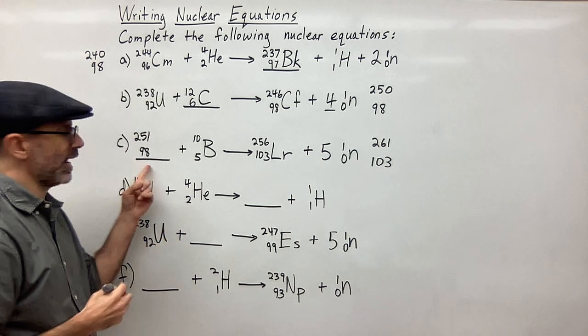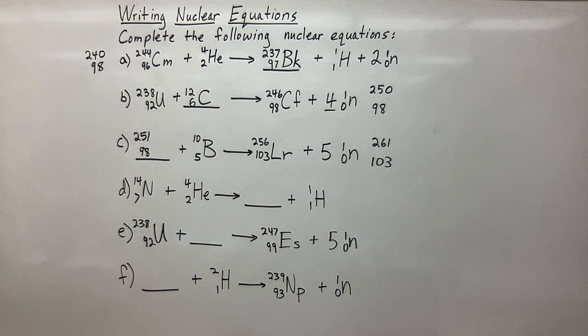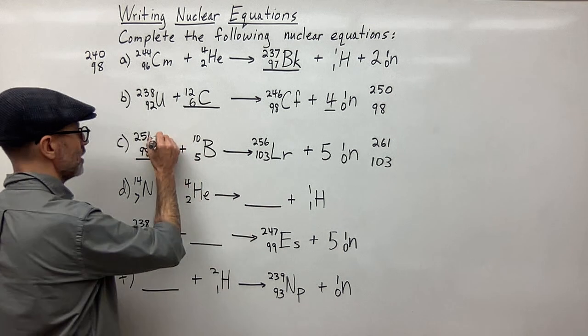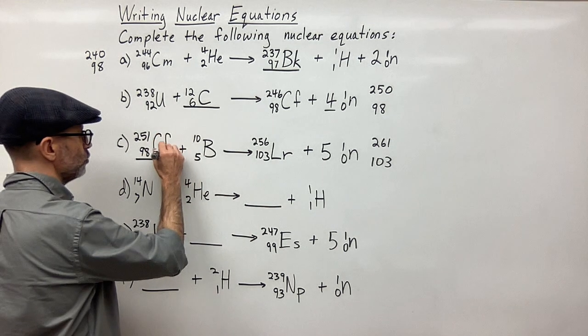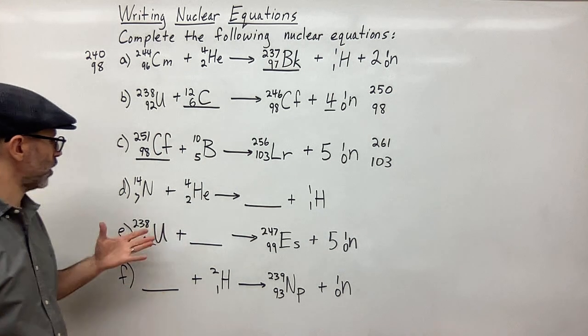Okay, so now that I have the atomic number, I look up 98 on the periodic table, and I get CF, californium. So CF goes right there. Okay, 3 down, 3 to go.